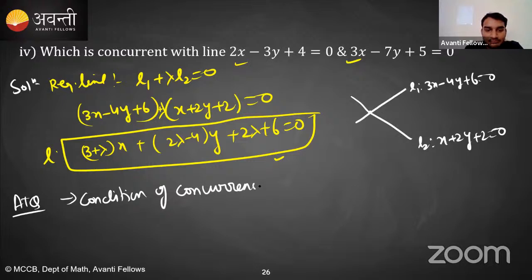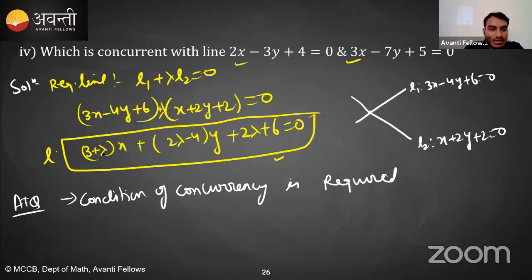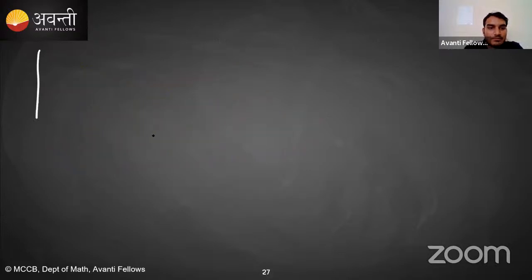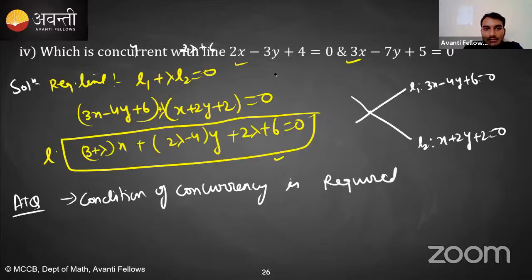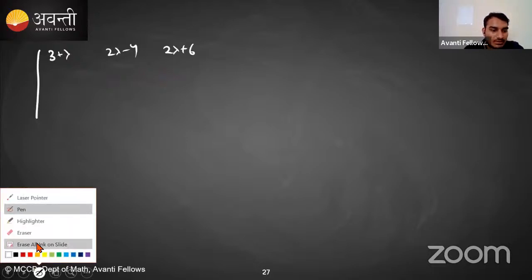What is the determinant of coefficients? The coefficients are 3 plus lambda, 2 lambda minus 4, and 2 lambda plus 6.